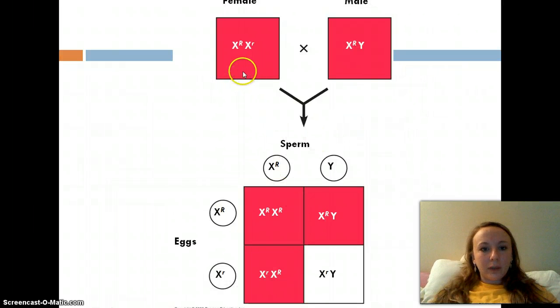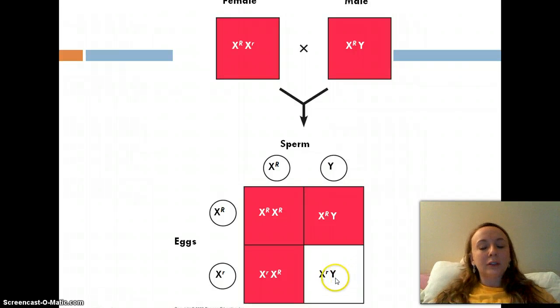Then the female and the male, their possible sperm. Notice here the white-eyed male, because they get that affected X chromosome from mom, from the egg over here, and they don't have another X chromosome to compensate. They only have Y, so they're going to show that characteristic.